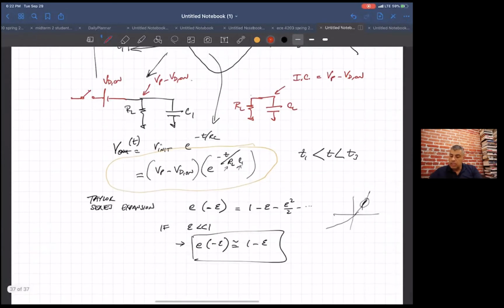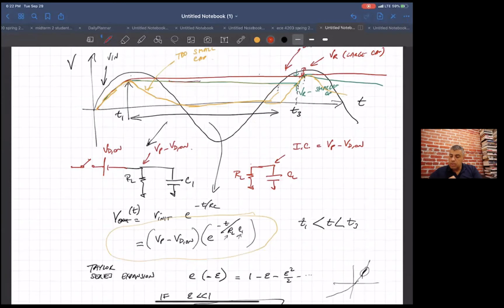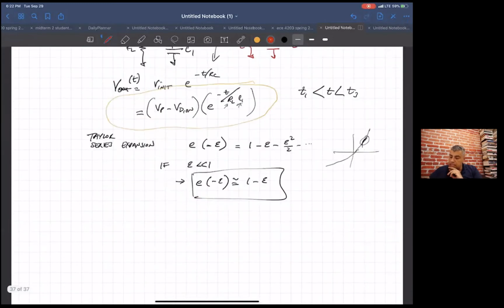So really, this droop is an exponential type droop, so it kind of looks like what I drew here. But if t times RL over C1, hmm, rather, if t over RL C1 is small enough, then it looks like a line, basically.